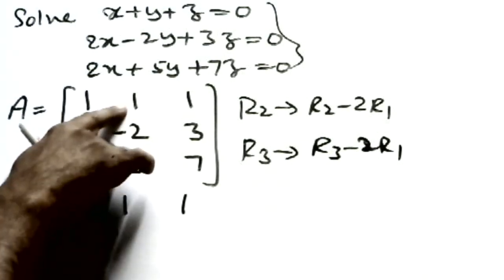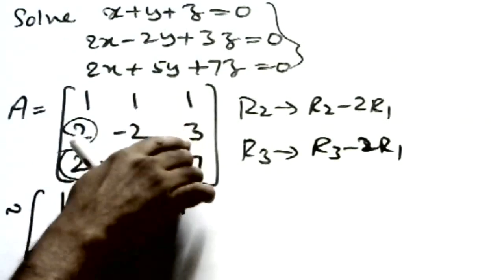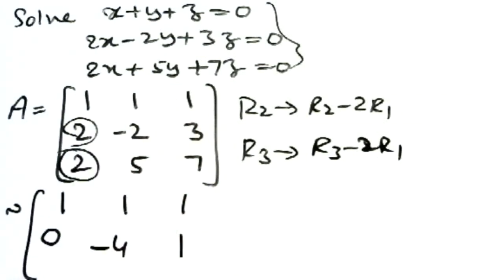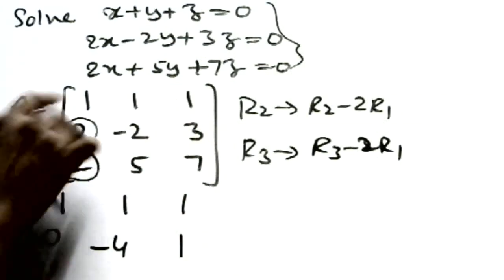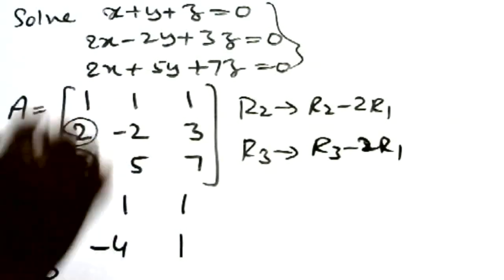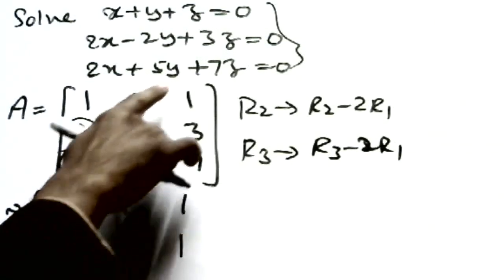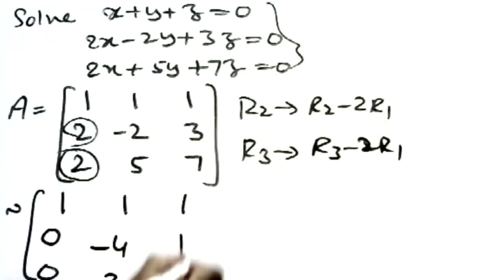Second row: 2 ones are 2, 2 minus 2 is 0; 2 ones are 2, minus 2 minus 2 is minus 4; 2 ones are 2, 3 minus 2 is 1. Third row: 2 ones are 2, 2 minus 2 is 0; 2 ones are 2, 5 minus 2 is 3; 2 ones are 2, 7 minus 2 is 5.